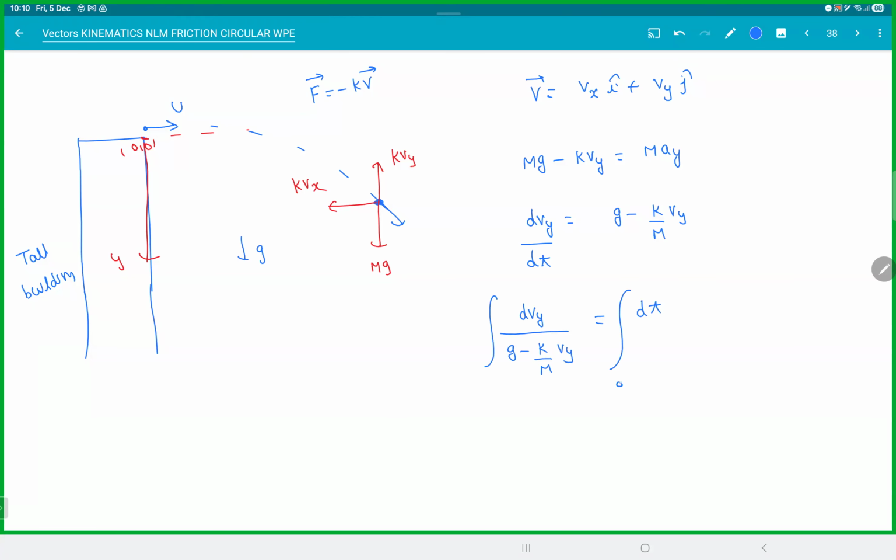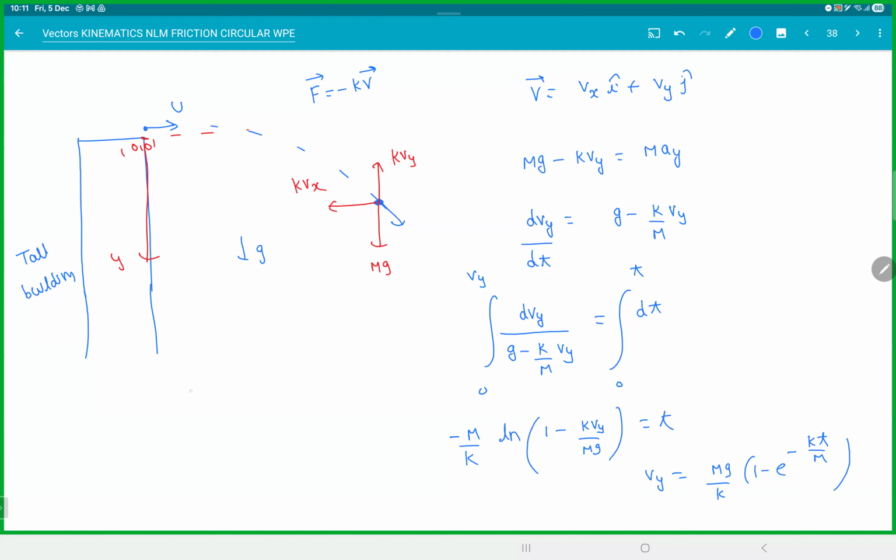Integrate from 0 to t, initially vertical velocity is 0, and this is Vy. This will be minus m by k ln of 1 minus kVy by mg is equal to t. So we get Vy is equal to mg by k into 1 minus e power minus kt by m. That's your Vy.